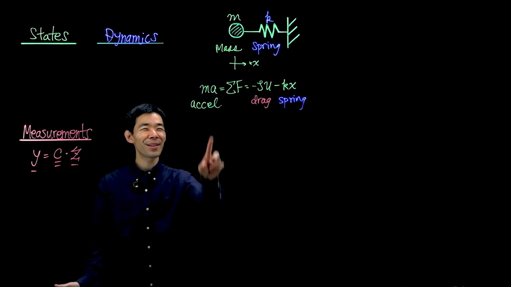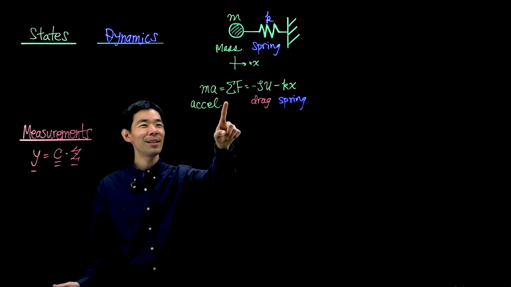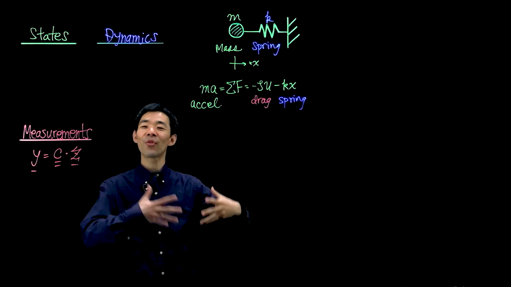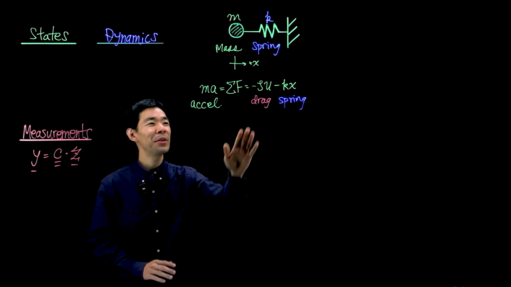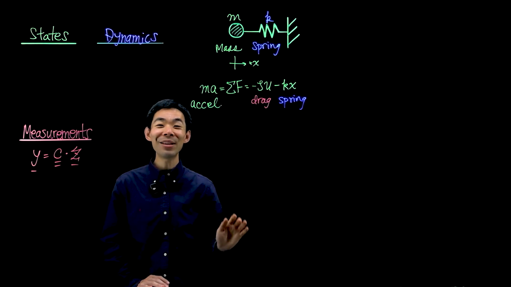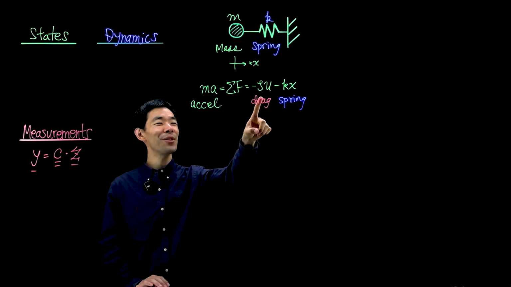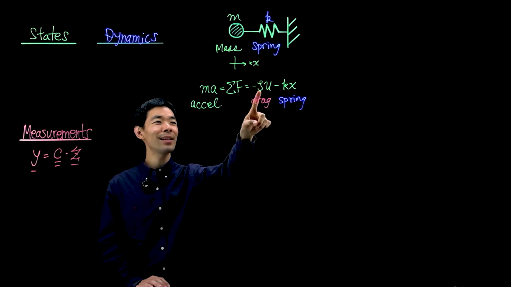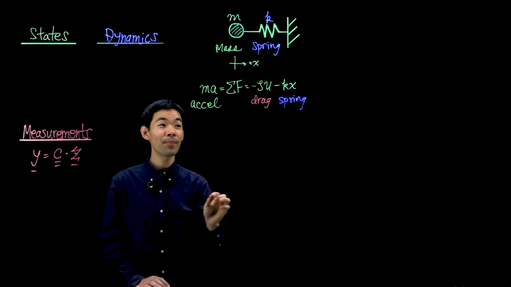So what we have is acceleration, m times a, is equal to the sum of all the forces, which in this case has drag coming from friction from the surrounding air, which I'm just going to take as linearly proportional drag, as a function of some drag resistance zeta times the velocity u.